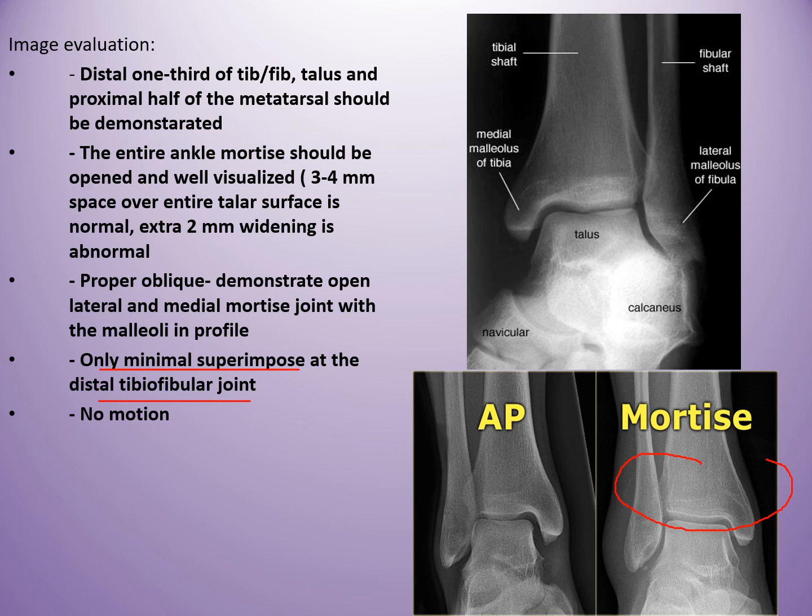In a normal AP, you will see it mostly superimposed. But for this one, you see the area of the mortise, so they go for minimum superimposition. Alright.